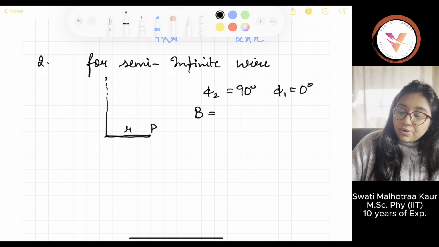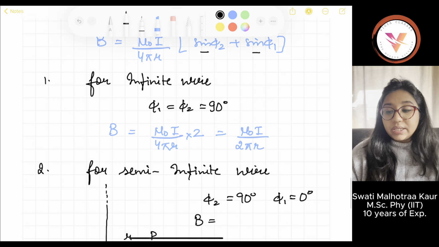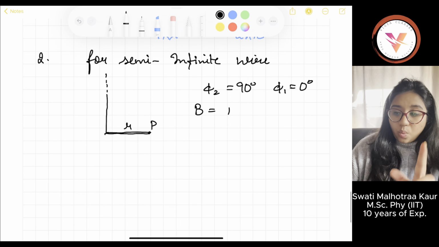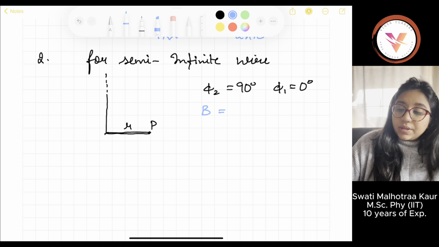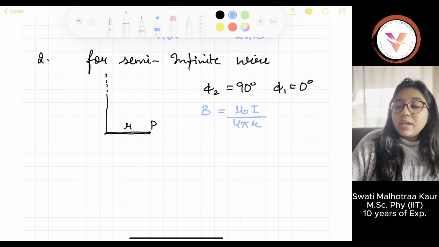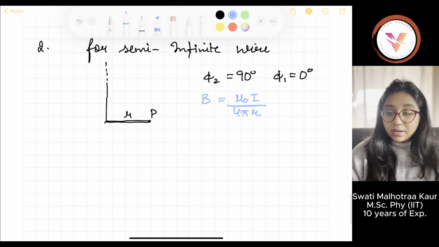So if you need to calculate B, sin 90 is 1 and sin 0 is 0, so it's 1 plus 0 is 1. Then it becomes mu naught I over 4 pi R only. So this is for a semi-infinite wire.